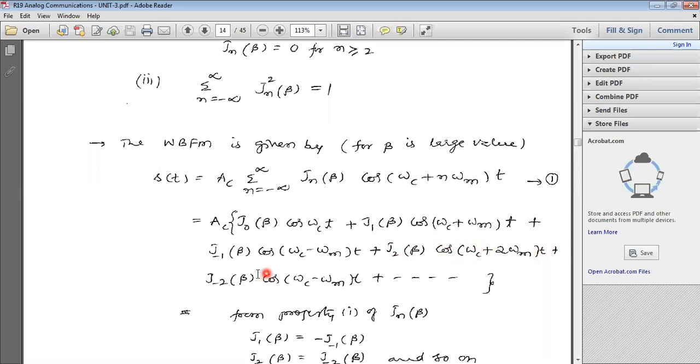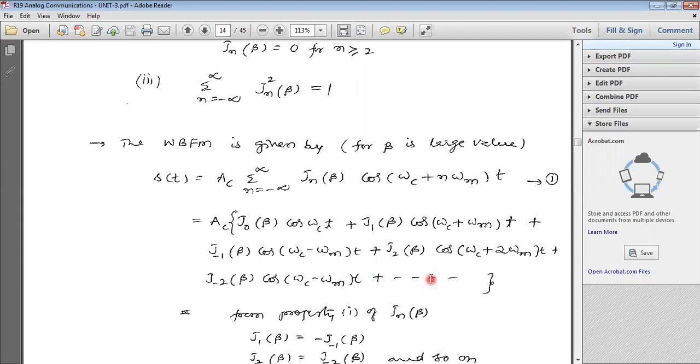So you have J minus 2 (beta) cos(omega_c minus 2 omega_m) t, here you have 2 omega m, not omega m, plus and so on.